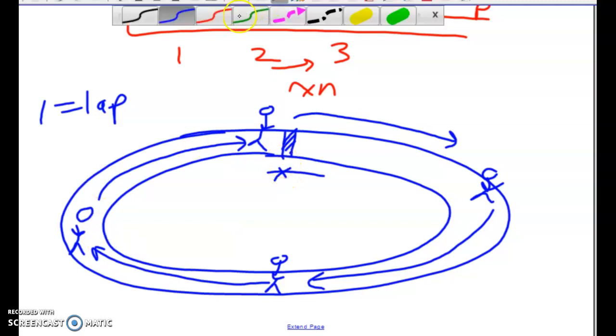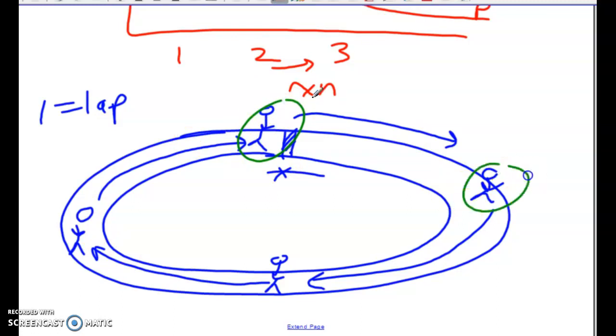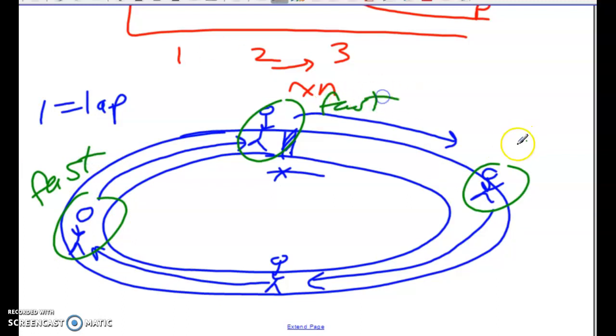But let's say this person and this person and this person are really fast. They're fast runners. But this person maybe hasn't trained, they're a little rusty. They're slow. Or they're not slow, let's not put them down.